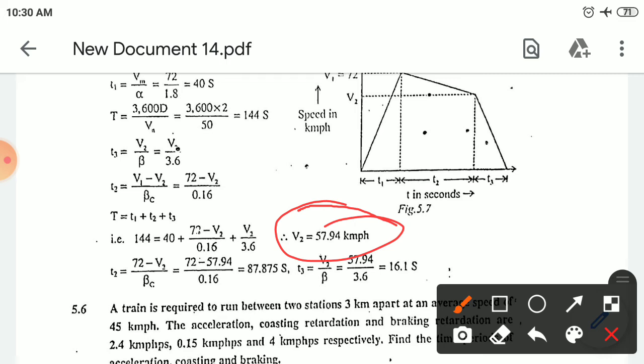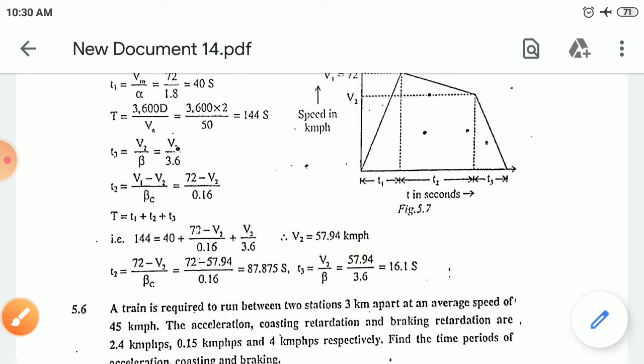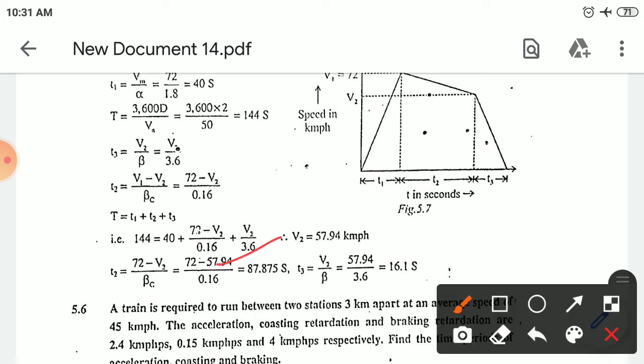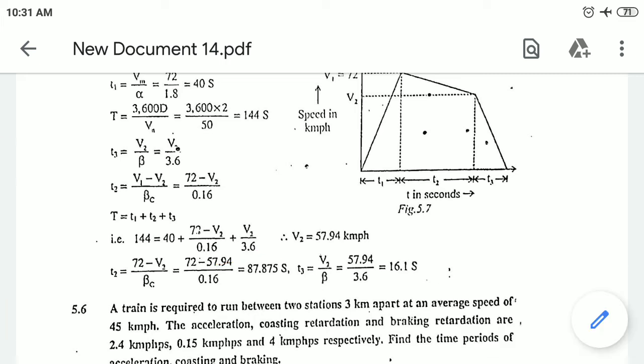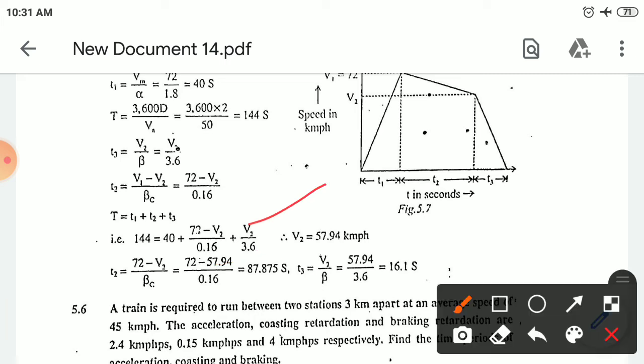So T2 is equal to 72 minus V2 divided by beta C. V1 is a known value, V2 we have found out. Substituting, V2 is 57.